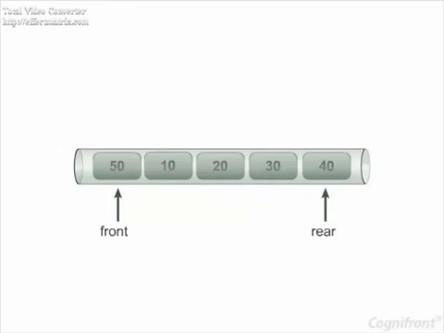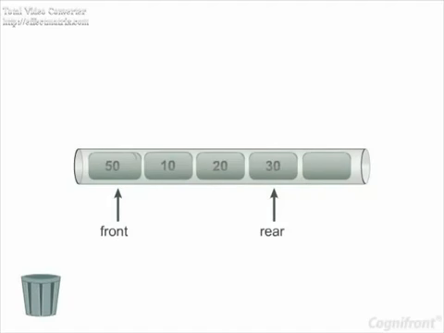Now if we want to delete an element from the rear end, then 40 will get deleted and rear is at 30. And if we want to delete the element from the front end, then 50 is deleted and front is shifted to the next position, that is at 10.